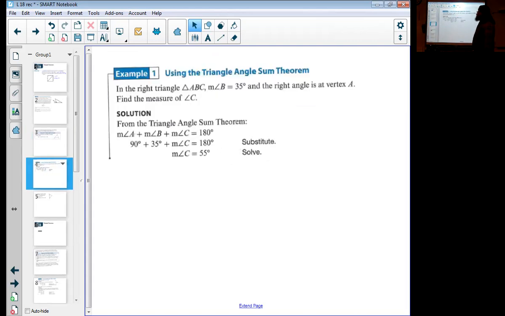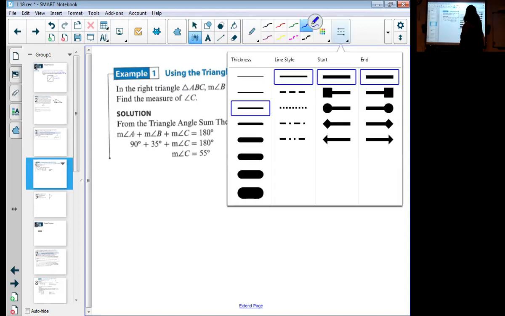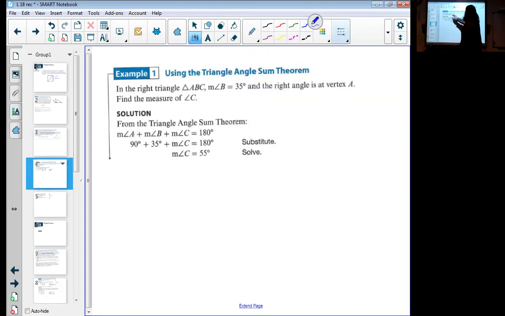Now we have the triangle angle sum theorem used in a right triangle. It is important that we notice that it is a right triangle, so one of the angles is 90 degrees.